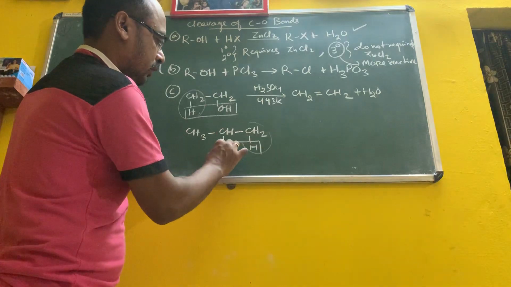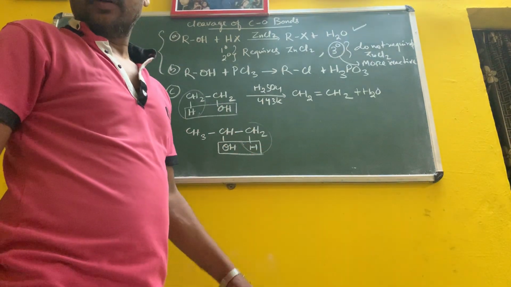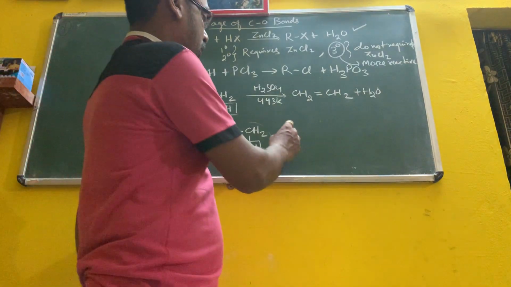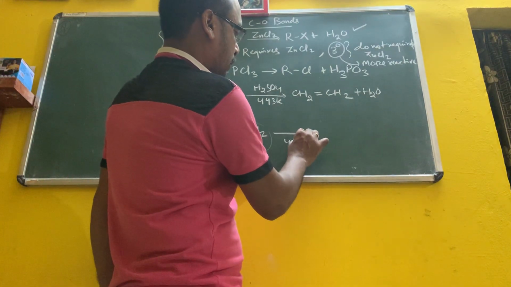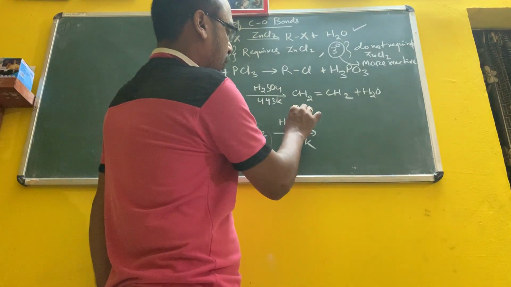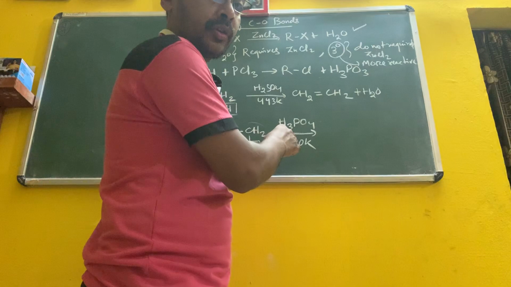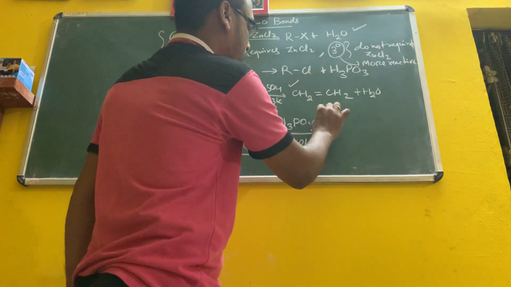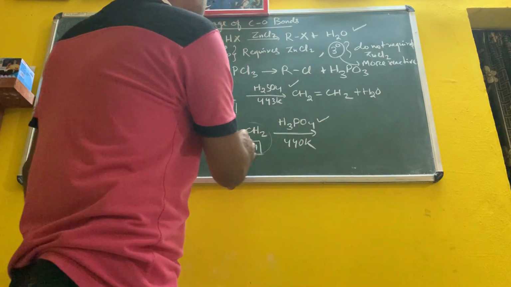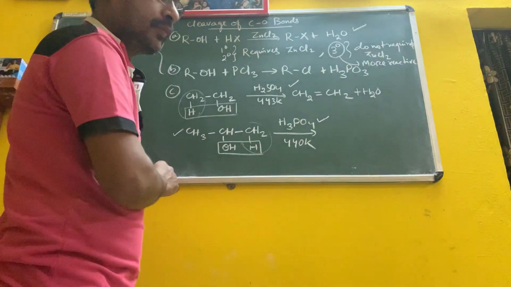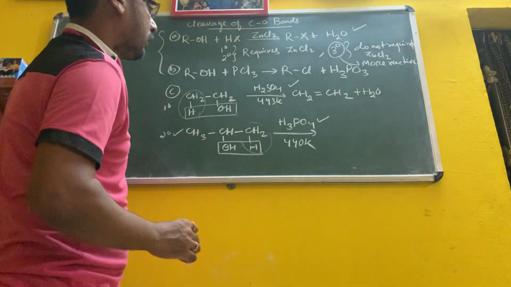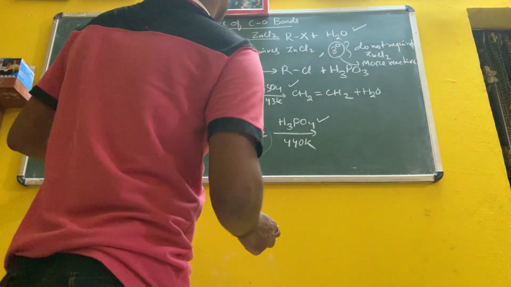Again dehydration, water will be removed, in presence of H3PO4 at a lower temperature, 440 Kelvin. As temperature decreases, acidic strength also decreases. This one is sulfuric acid, this one is phosphoric acid or orthophosphoric acid. Strength decreases, meaning the secondary alcohol is more reactive. This is primary, this is secondary. Then tertiary.